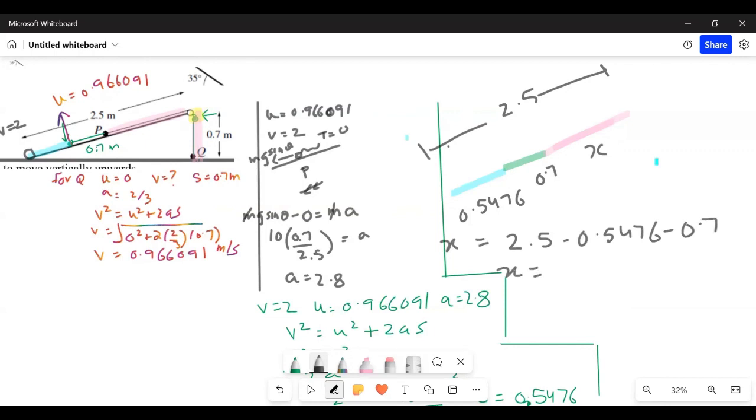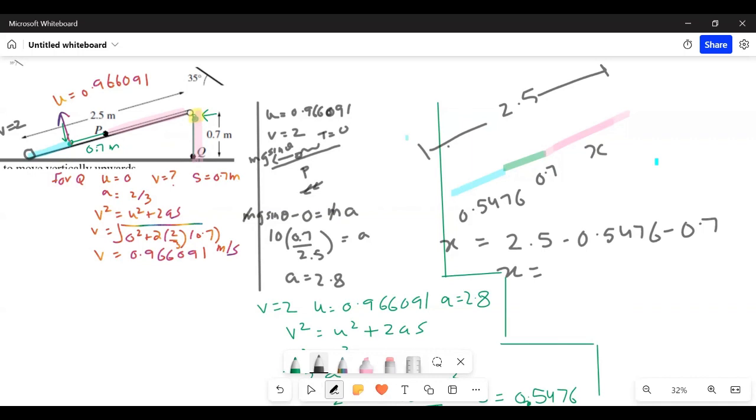ये बताना क्या आता है? What is 2.5 minus 0.5476 minus 0.7?